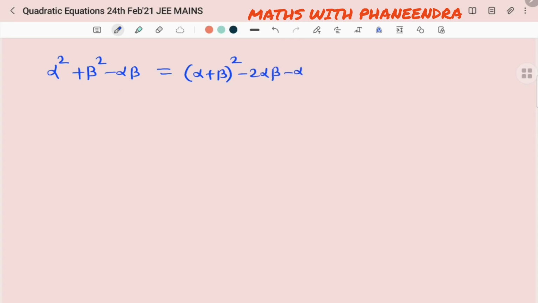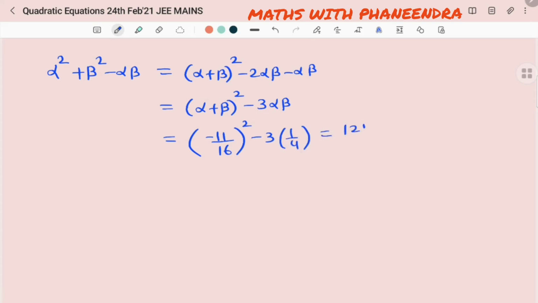Already minus alpha beta is there. So alpha plus beta whole square minus 3 alpha beta, which is equal to alpha plus beta value, minus 11 by 16 whole square, minus 3 into 1 by 4, which is equal to 121 by 256 minus 3 by 4.